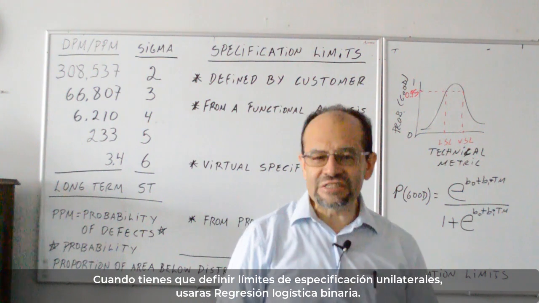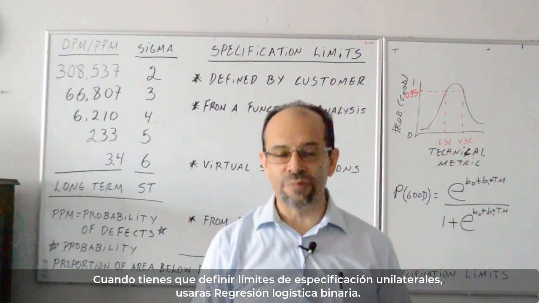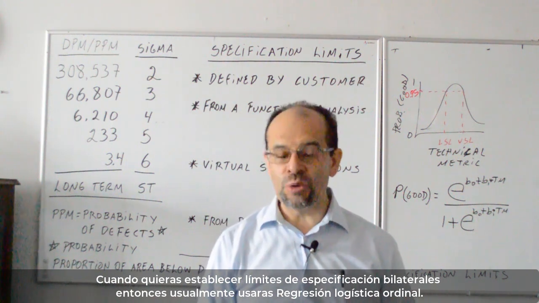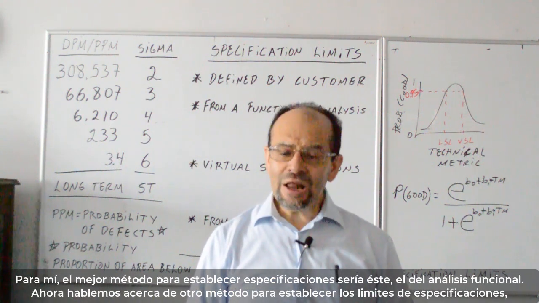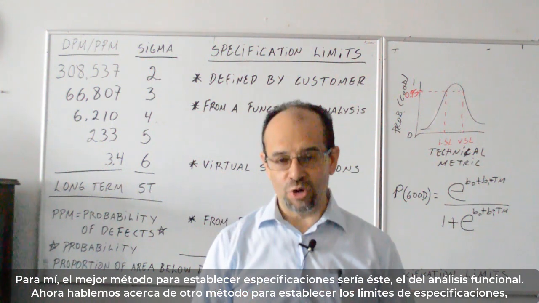When you have one-sided specification limits, you will use binary logistic regression. When you want to establish two-sided specification limits, usually we use ordinal logistic regression. Basically that is the best approach and the one that I recommend the most.